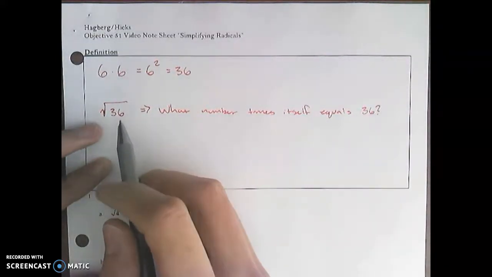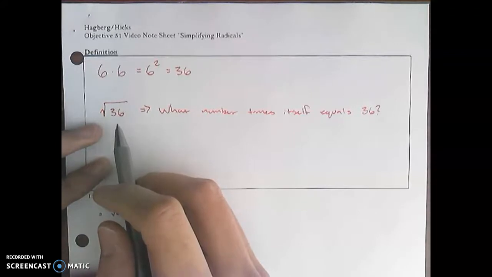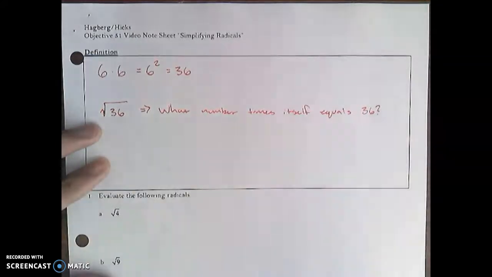So I find it helpful to write out all of the perfect squares that we know. So we're going to write out 1 squared, 2 squared, 3 squared, and so on.